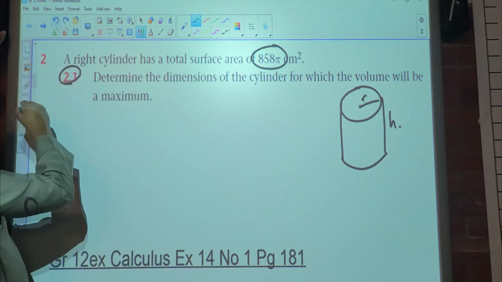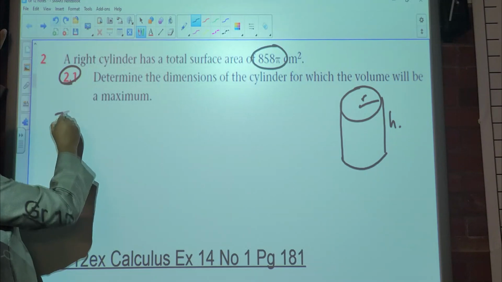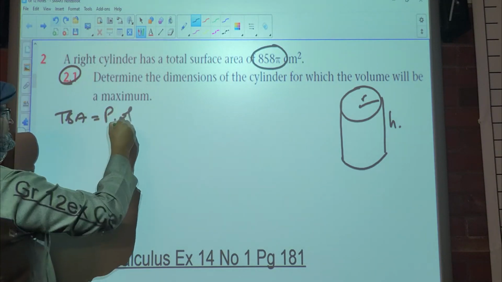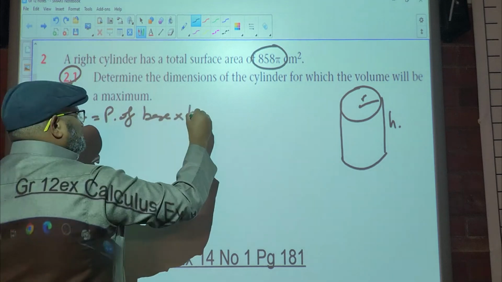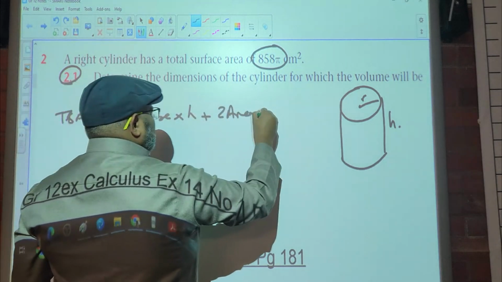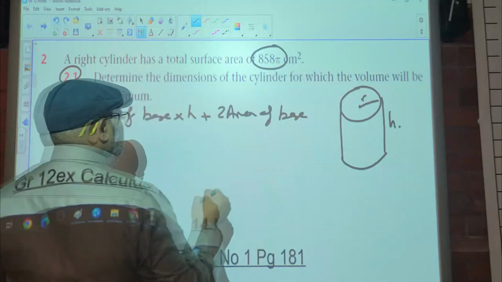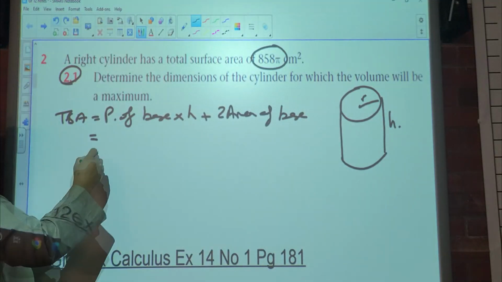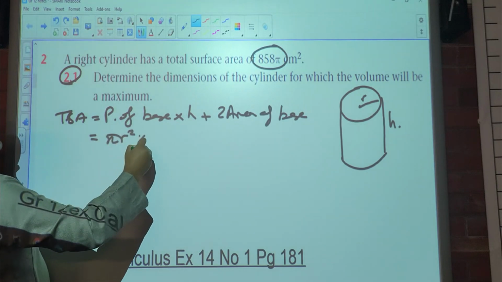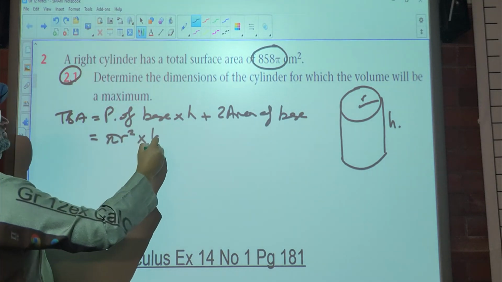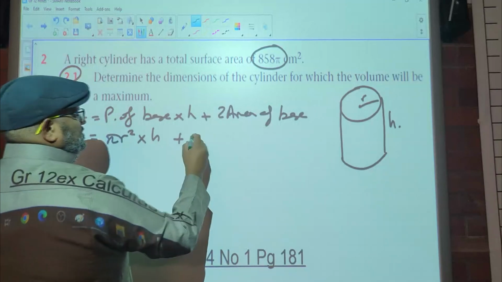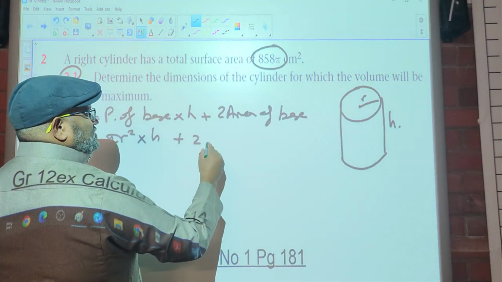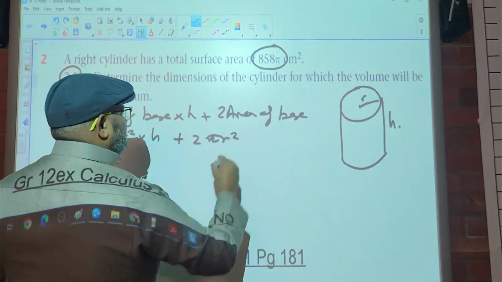So let's go. We know that the total surface area is going to be perimeter of base times height plus twice area of base. Whatever shape is that base? The circular base, which is 2 pi r times height, which is h, plus 2 pi r squared, the area of base is pi r squared.